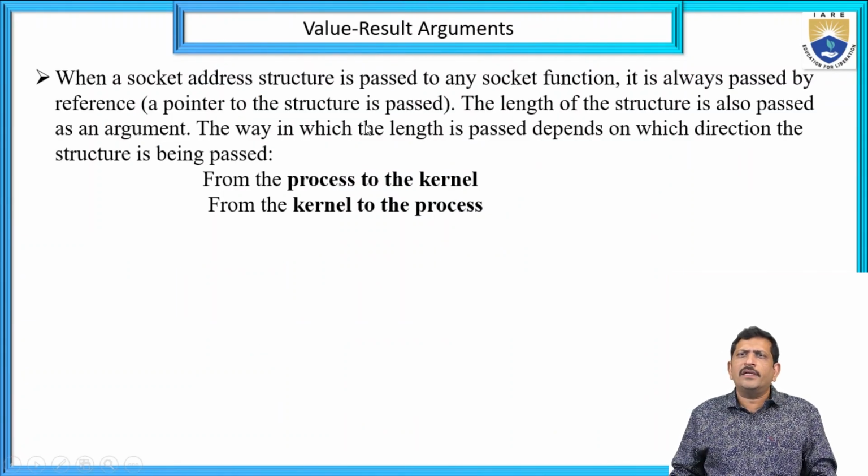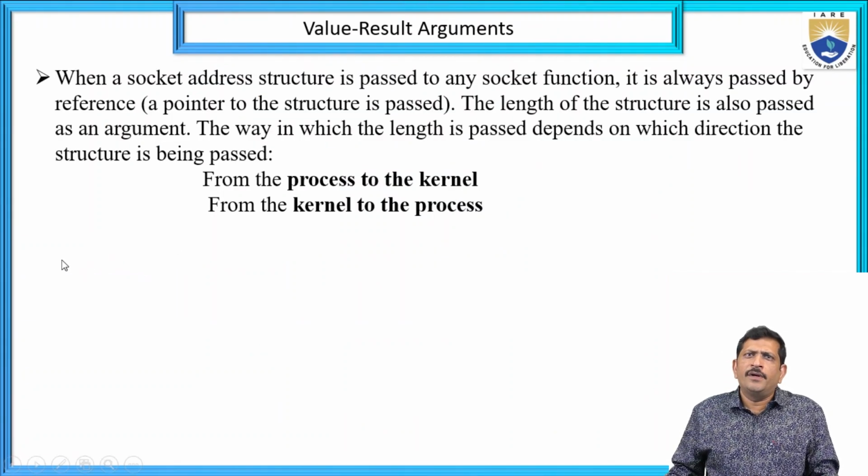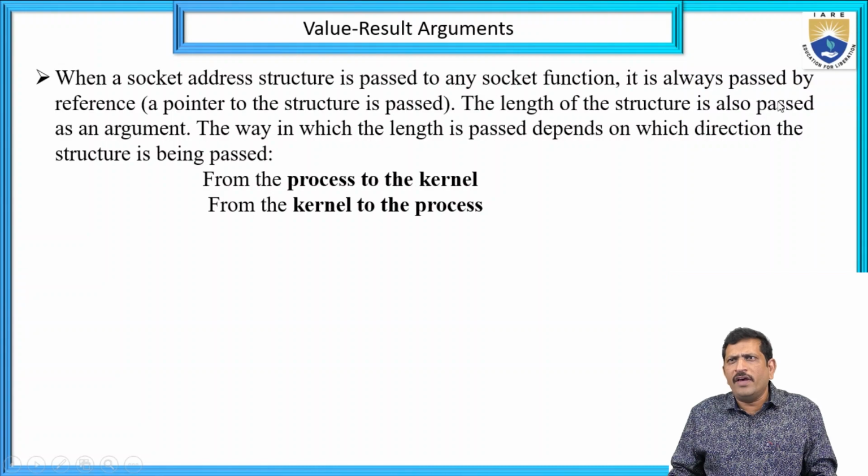Now value-result arguments. When a socket address structure is passed to any socket function, it is always passed by reference. The length of the structure is also passed as an argument.